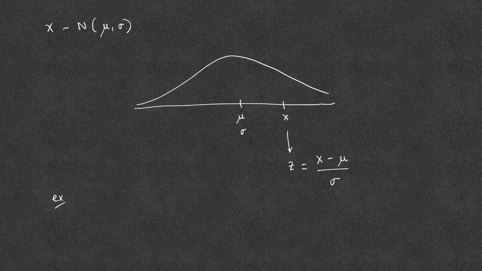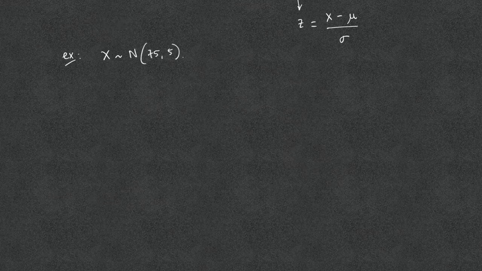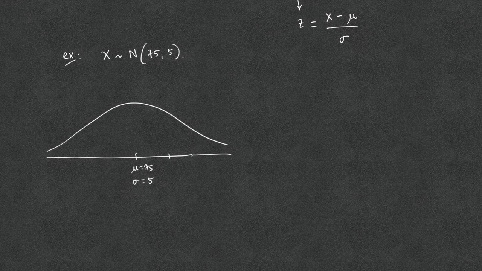For example, suppose an exam score is normally distributed with a mean of 75 and a standard deviation of 5. Now, we were told that this is normally distributed, so we're going to draw a normal bell-shaped curve. Label 1 standard deviation to the right of the mean, 2 standard deviations away, 3 standard deviations away, and to the left as well.